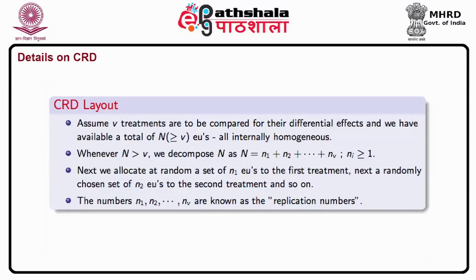Next, we allocate at random a set of n1 experimental units to the first treatment. Next, a randomly chosen set of n2 experimental units to the second treatment, and so on. The numbers n1, n2, nv are known as the replication numbers.